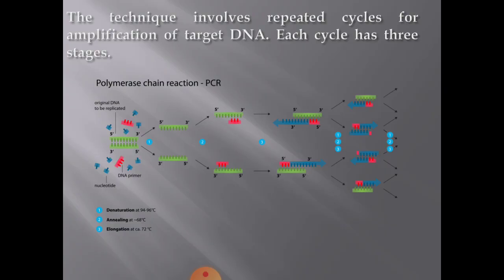As the temperature of the mixture is slowly cooled from 95 to 55 degrees Celsius, the primers, the red colored ones, base pair with the complementary regions flanking the target DNA strands, and that is what you can see in step 2. And this process is called renaturation or annealing.